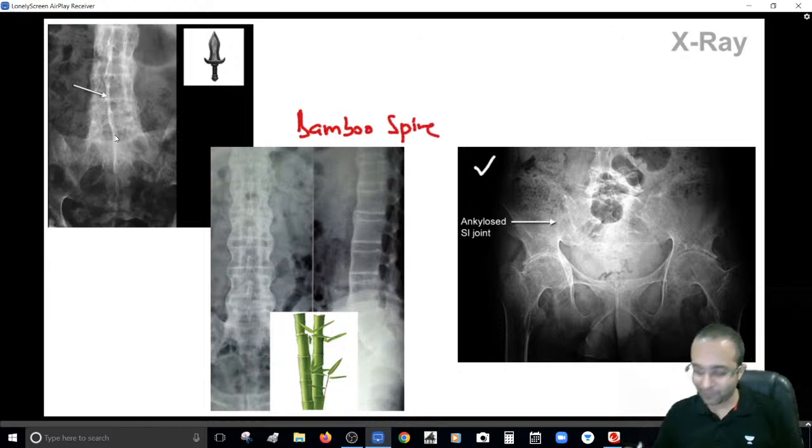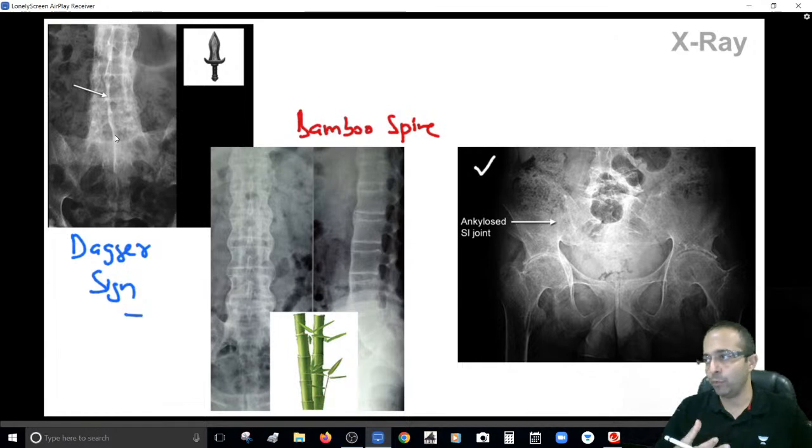Or what you may sometimes find is that this supraspinous ligament here at the back is calcified, and this particular X-ray sign, the interspinous, supraspinous, spinous ligaments being calcified, is what you refer to as the dagger sign. Yes, the dagger knife sign, the bamboo spine.